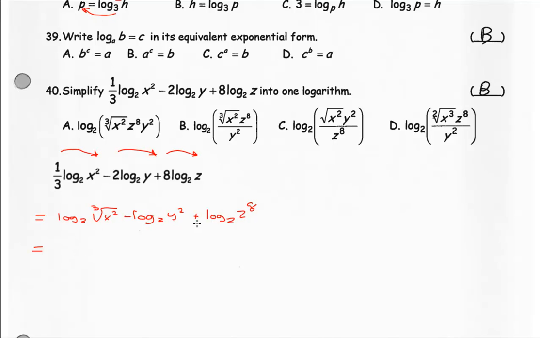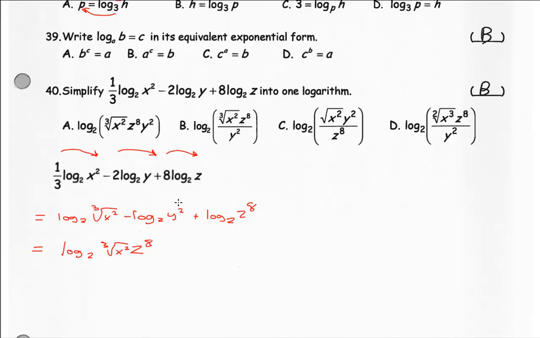Now those are all logarithm base 2, so that's how I can write one single logarithm. Now, the ones that are added, this and the plus log base 2 of z to the 8th, are added together. So I can write that as one single logarithm as the cube root of x squared times the z to the 8th.